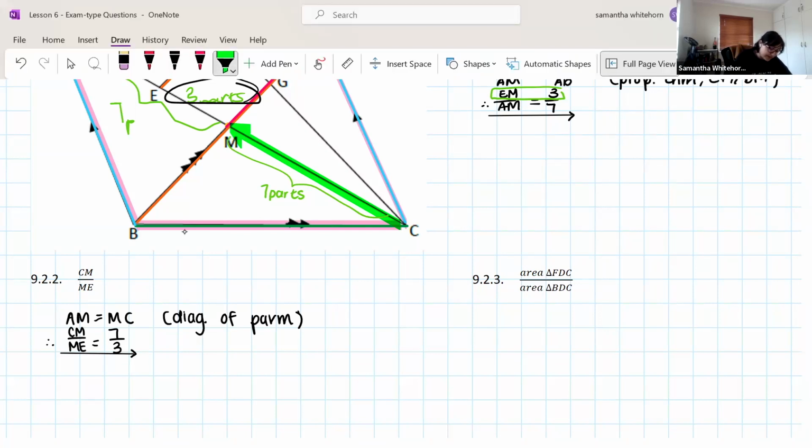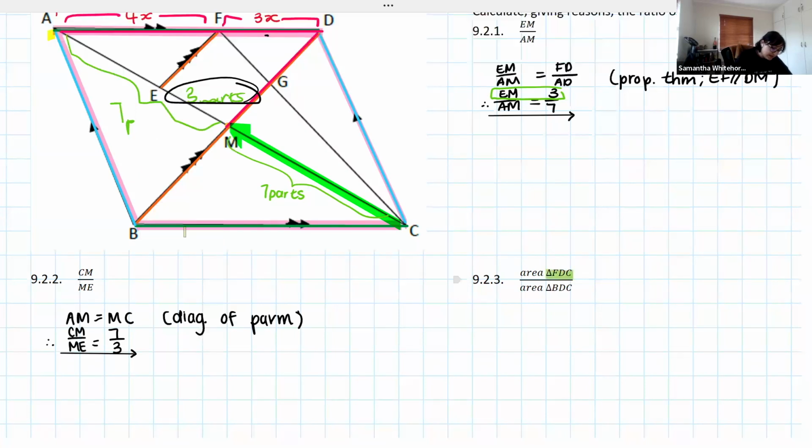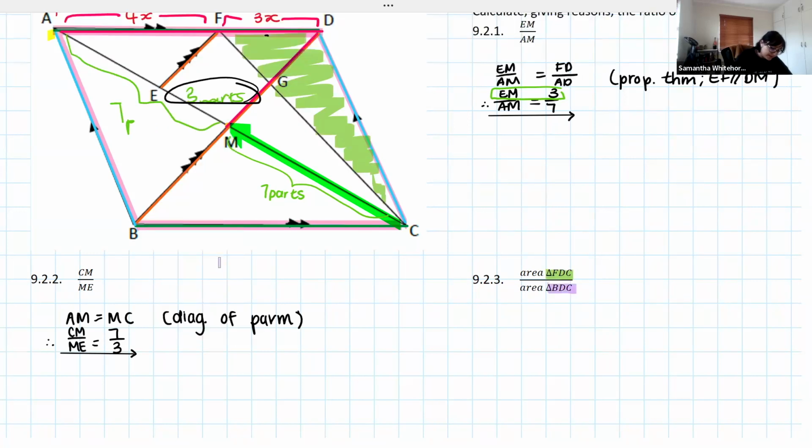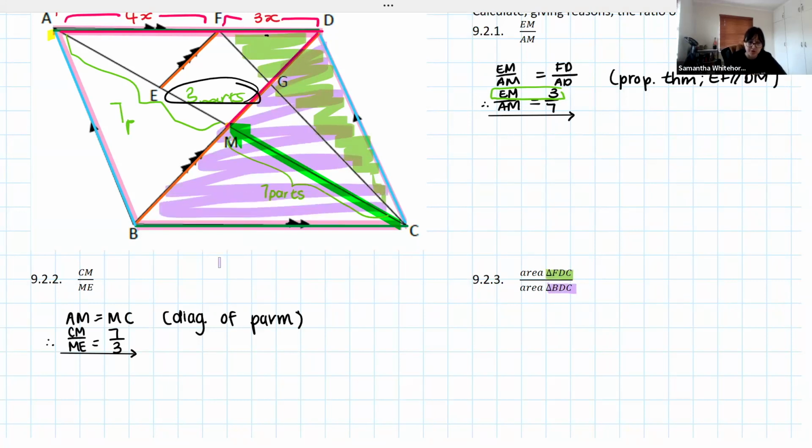So FDC is this long skinny triangle on the side here, and BDC, let's go purple, is this big triangle over here. I'm fully aware that there are a lot of colors going on. I do understand this. We just need to be able to see exactly what we want.